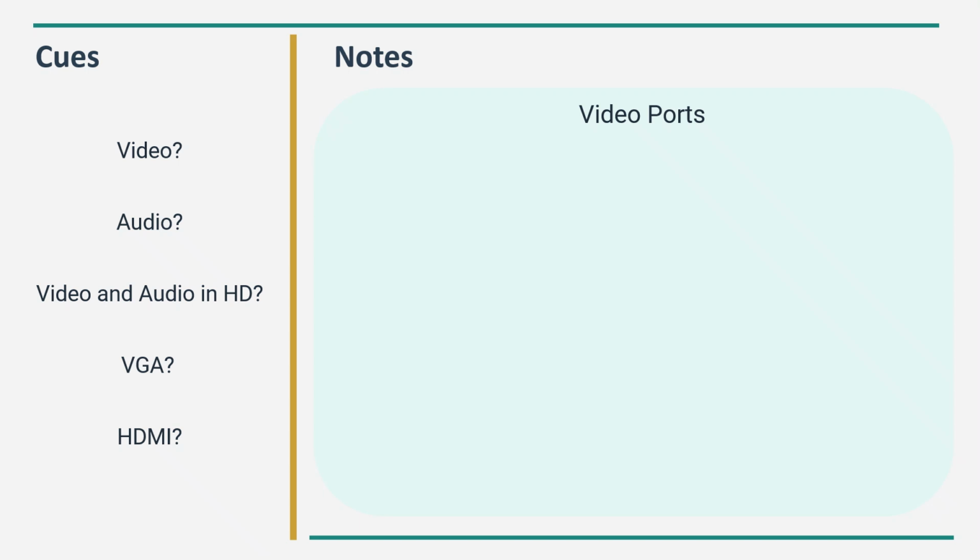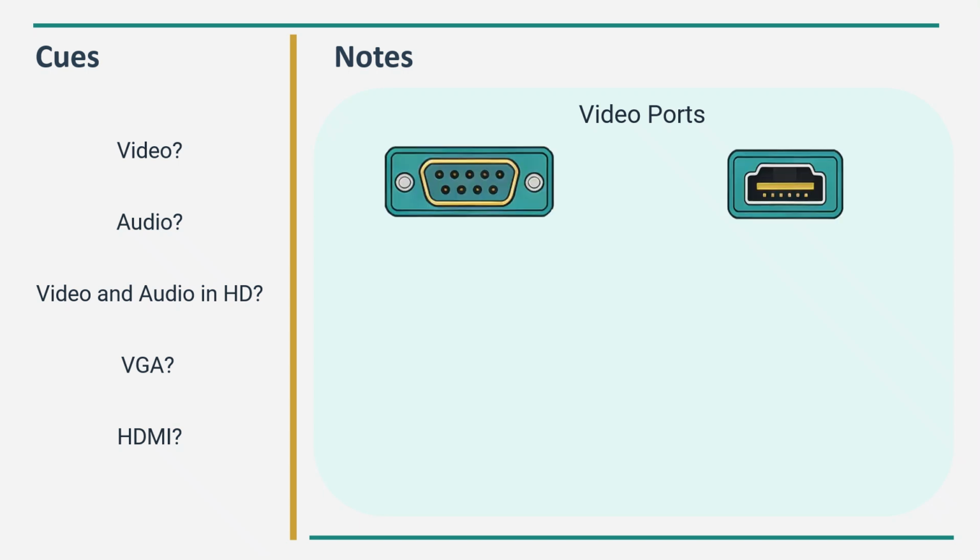So, video ports. HDMI and VGA are video ports that connect your computer to a monitor, TV, or projector. VGA is the older technology that carries only video at a lower quality. It's still common in projectors and monitors in schools.